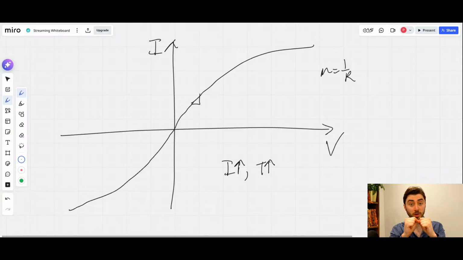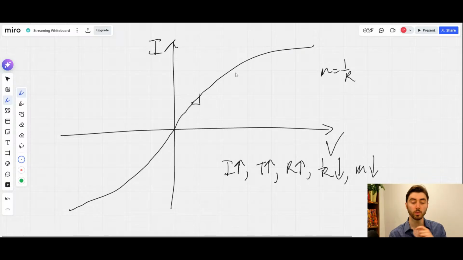As the temperature goes up, they vibrate more. So they are getting in the way of the electrons trying to pass through, which means that the resistance goes up. Which means that 1 over R goes down, so the gradient decreases as the current goes up, which is why you get this kind of S shape. Important, this happens in reverse bias as well, when you make the current go through in the other direction.